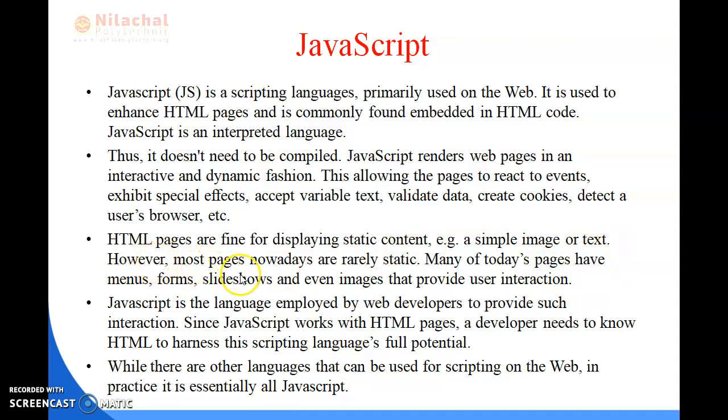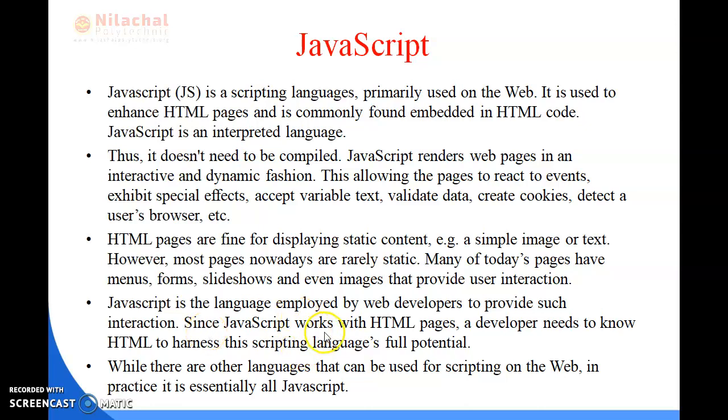However, most pages nowadays are rarely static. Many of today's pages have menus, forms, slideshows, and even images that provide user interaction. JavaScript is the language employed by web developers to provide such interaction.